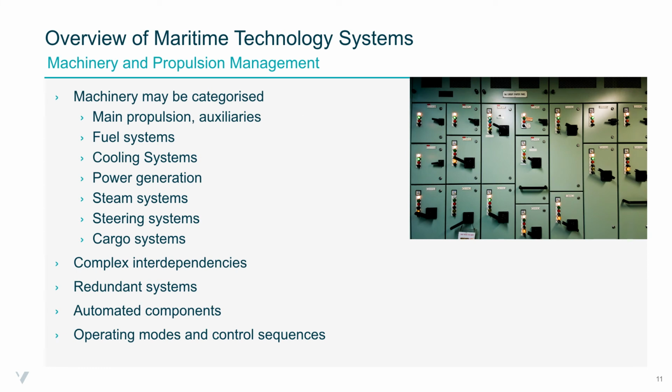Machinery and propulsion management can be further broken down into main propulsion. Now, many of us are familiar with the different propulsion options. We might have a fixed direct coupled propeller. We could have a variable pitch propeller.